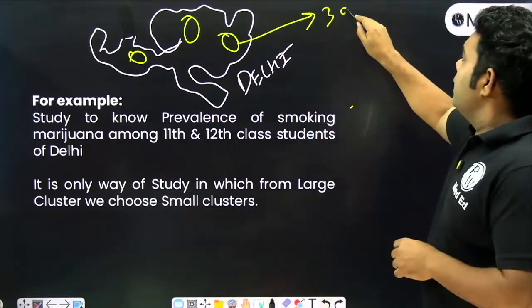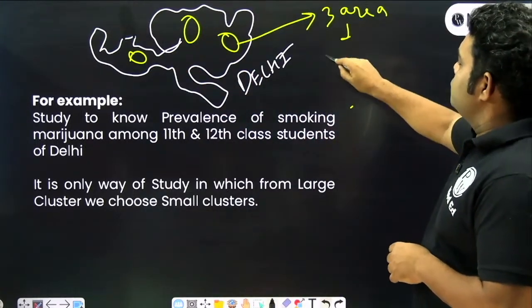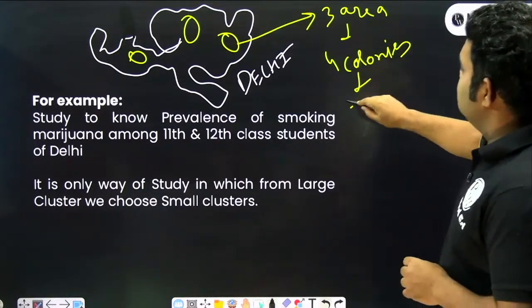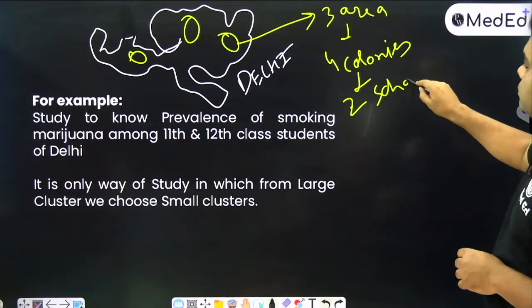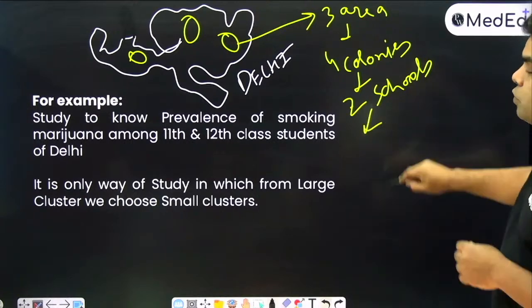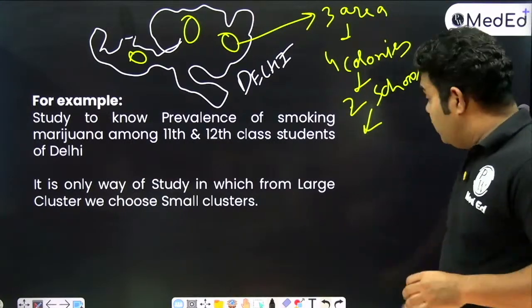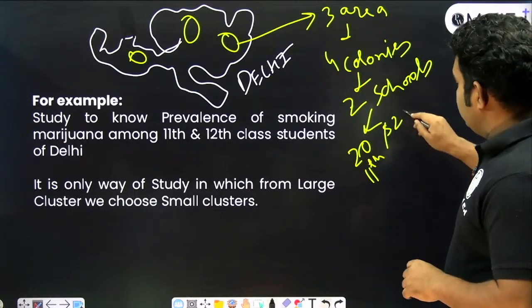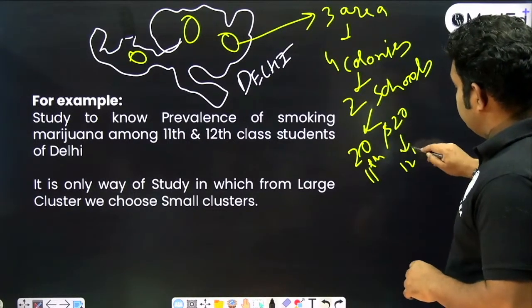In each of these areas, suppose you choose 4 colonies. In each of the colonies, you choose 2 schools. And from each of the schools, you choose 40 children, 20 from 11th class and 20 from 12th class.